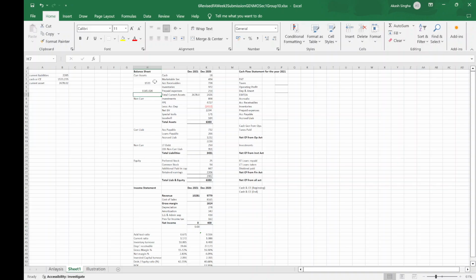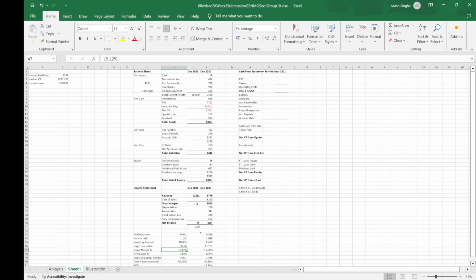Now, the next one is inventory turnover. Inventory turnover means, okay, so first let's calculate the gross margin because for this we need cost of goods sold. So gross margin is 15.5%.